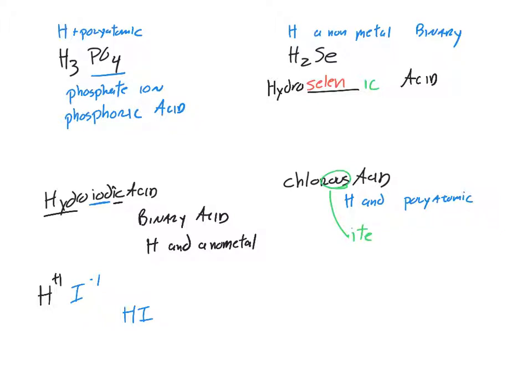So chlorous is ClO2 -1, and because it's an acid, I have to put a hydrogen in front of it. I crisscross my charges, and I get HClO2.